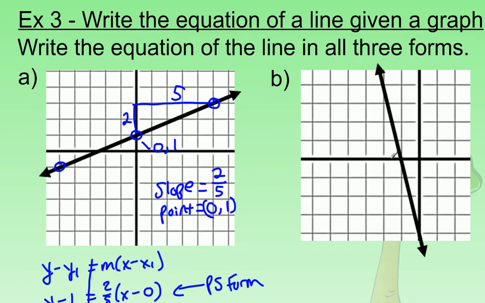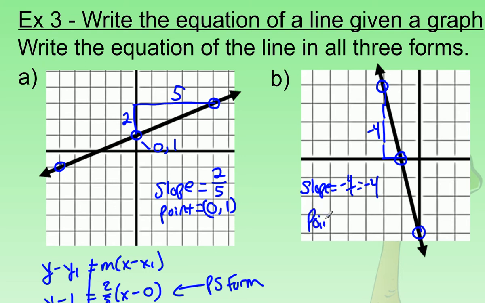Letter B. Some well-defined points are there, and there it looks like, and there it looks like. So from one to the other, my slope, I'm going to go down 1, 2, 3, 4. Down 4 over 1. So my slope is negative 4.